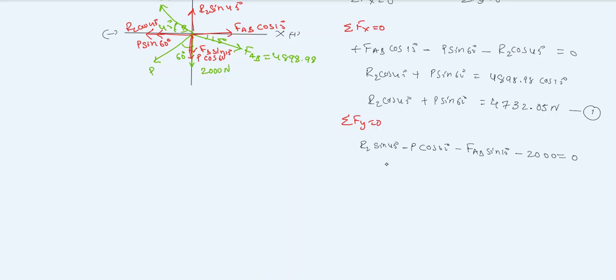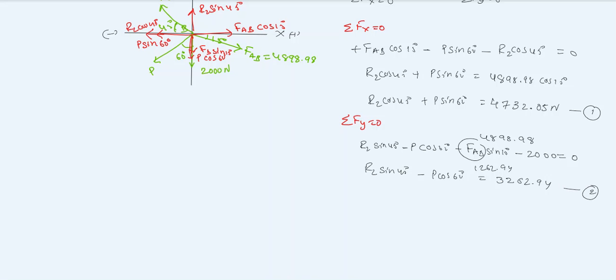You can write this equation as R2 sin 45 minus P cos 60 is equal to, with FAB equal to 4898.98, if you calculate, 3262.94. This is equation number 2.